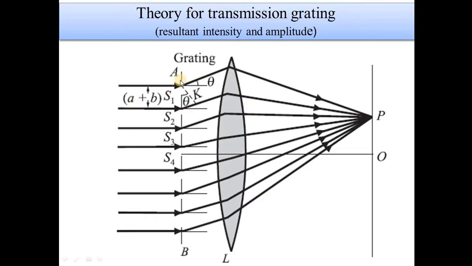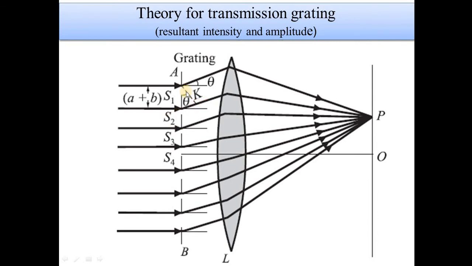Seeing this figure, it is understood that all the distances traveled will be almost the same except for the path difference. It is enlarged here, and this is the difference in the path length of the two consecutive rays emanating from two consecutive points, S1 and S2.